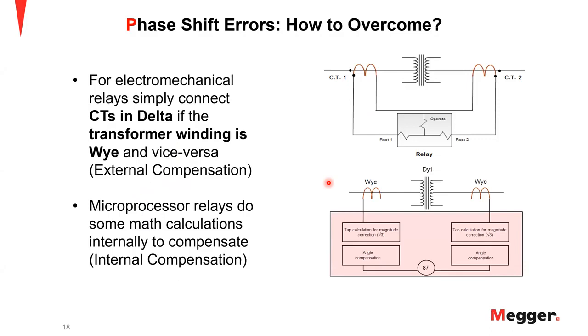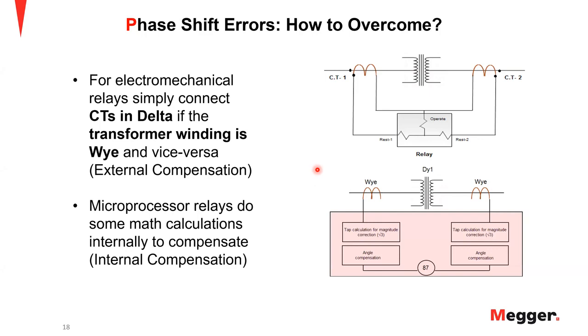For electromechanical relays, what we can do is work with the CT connection type. We can use the CT connection as a delta on the Y side of the transformer and vice versa. The delta effect on the CTs and the windings of the transformer will have a 30-degree effect on both sides because we have used those types of CT connections.